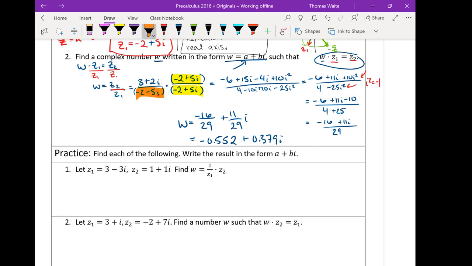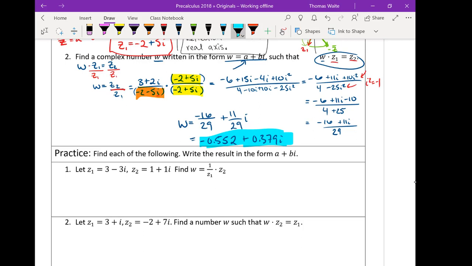Another handy thing is you need to be able to do this like we just did it, multiplying by the conjugate on top and bottom, on the test. If you want to check yourself, calculators can do this kind of division for us. So right now I have my TI-84 in front of me. I'm putting in 3 plus 2i, and then in parentheses dividing by negative 2 plus 5i.